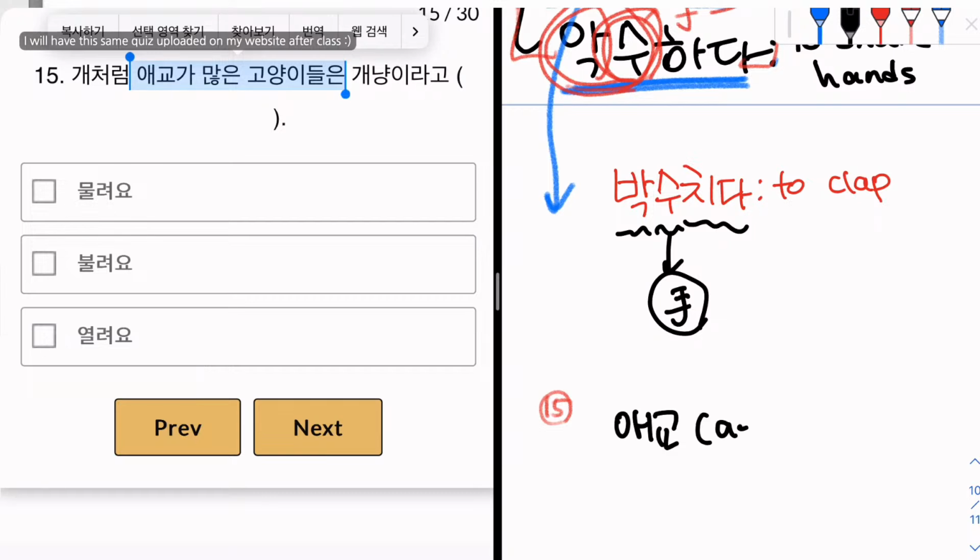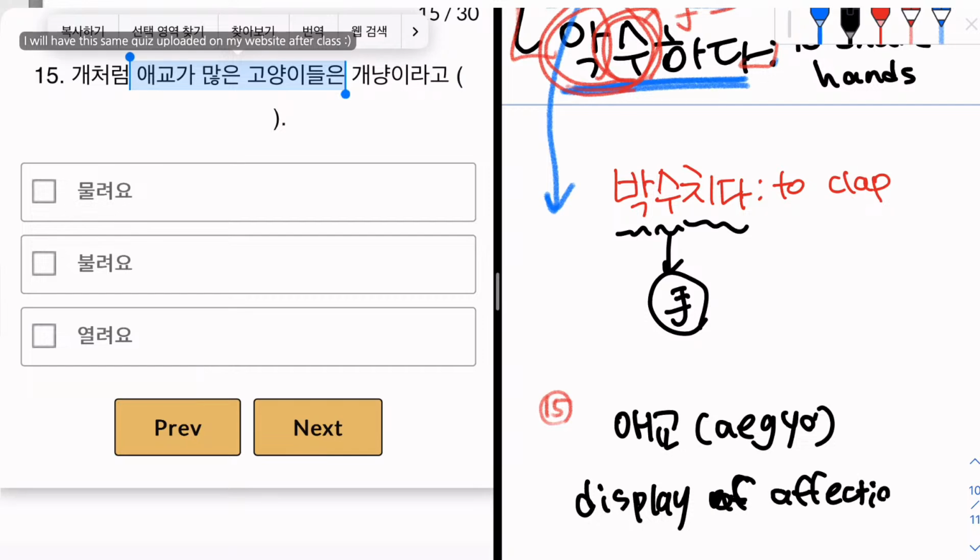You see it a lot in K-dramas or in a lot of K-pop stars doing it. 애교 means display of affection, like trying to be cute, but in a positive way. 개처럼, 처럼 means just like, and 개 means a dog. So 개처럼 애교가 많은 고양이들 means cats that have a lot of 애교, just like a dog.